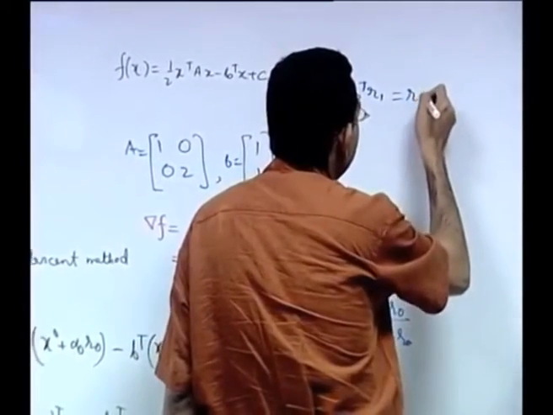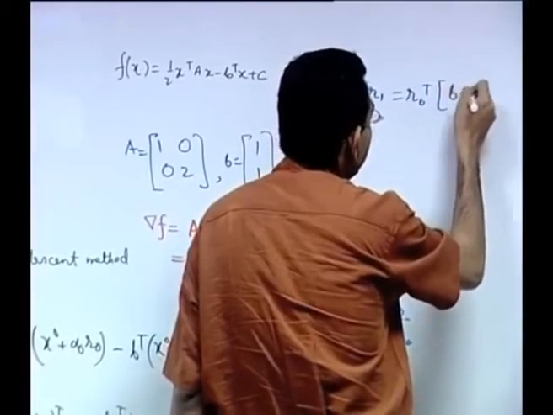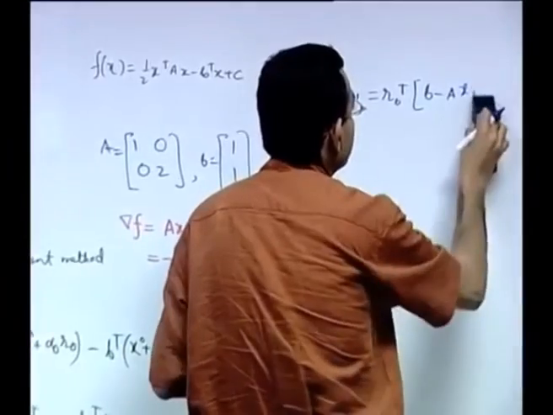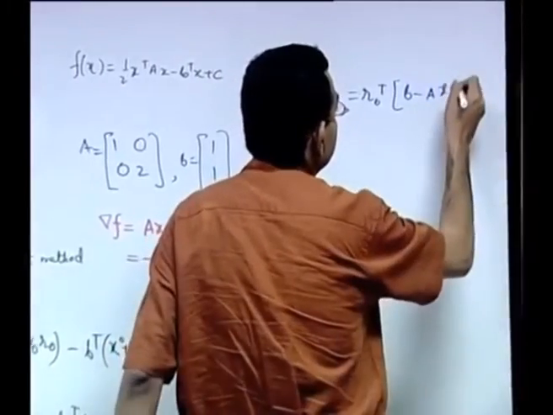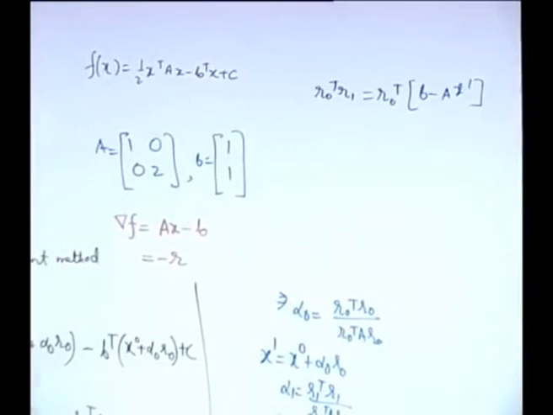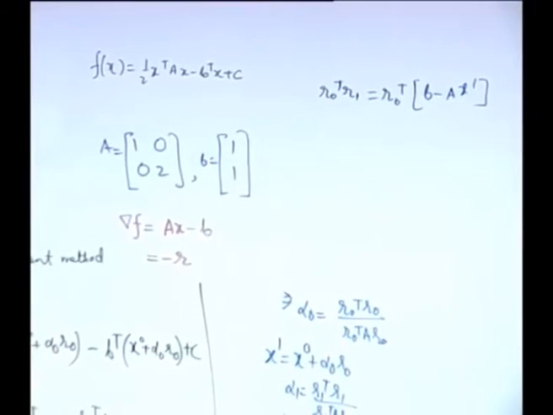So R0 transpose R1 is B minus AX1. Because R is B minus AX, so R1 is B minus AX1.